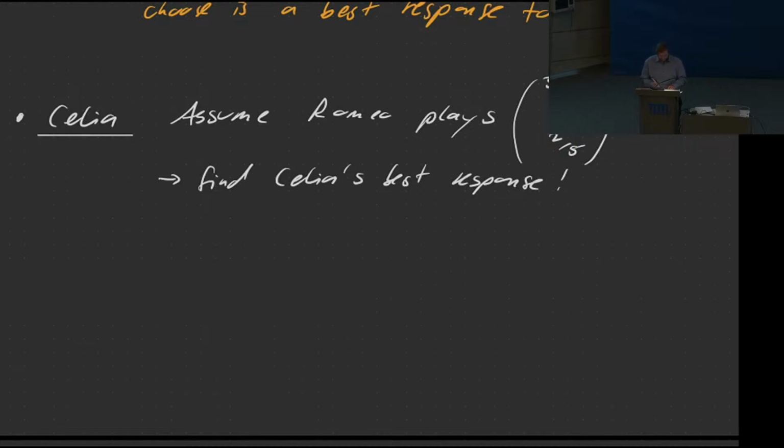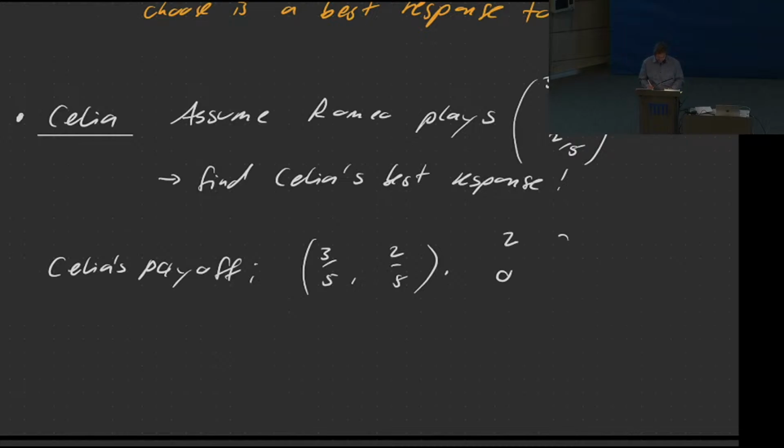And she does the same analysis, but now with her payoff. So now we have to use Celia's payoff matrix, and Romeo is again the row player, so he'll play 3 over 5 and 2 over 5 times Celia's payoff, which is 2, 0, 0, 3, times, and now let's say Celia chooses any strategy, x1, x2, and we want to find out the best values of x1, x2.